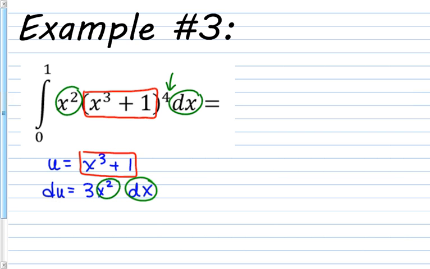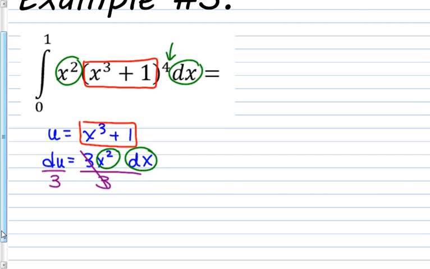Okay, so back to this. I have to make up for the fact that that 3 is not there. And the way to do that is kind of algebraically. If I'm realizing that I need this 3 gone in order for this to work, I'm going to divide it away. And then whatever you do to one side, you do to the other. So now, when I'm ready to replace my expressions with u and du, this is a little twist. This is x squared dx, right?